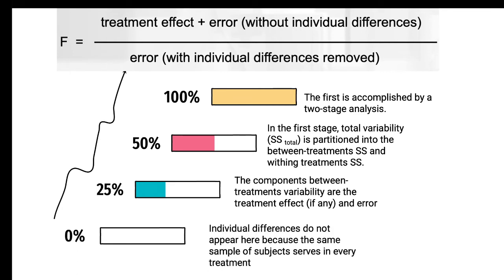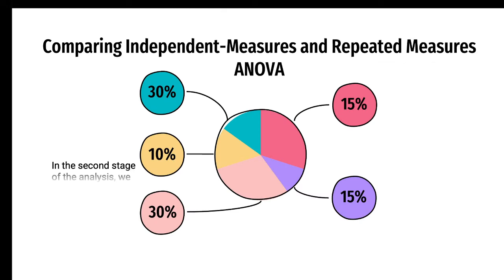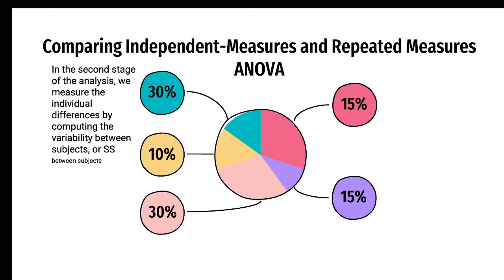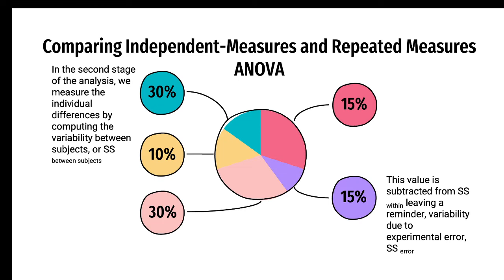Individual differences do not appear here because the same sample of subjects serves in every treatment. Let us remember, if we are using the same sample, then there will be no individual differences since they are just the same. In the second stage of analysis, we measure the individual differences by computing variability between subjects, or SS between subjects. The value is subtracted from the variability within treatments, leaving a remainder of variability due to experimental error.